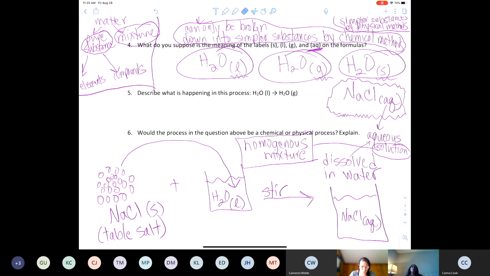But a solution of salt water that has been stirred appropriately will represent a homogeneous mixture. Like milk: when milk comes out of the cow, it's a heterogeneous mixture. Then they put it through a homogenization machine to blend in all the fat and the proteins and all the other components in milk so that it's uniform throughout. And what you buy in your grocery store is a homogenized container of milk.